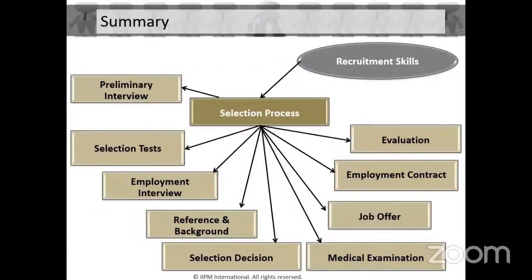We also talked about the selection process, where we said you had to start with a preliminary interview as the first step, after which you have selection tests, employment interviews, check the reference and background, then have selection decision, then medical examination, give a job offer, employment contract, and then finally evaluate the selection process.